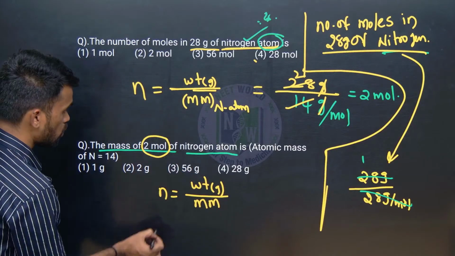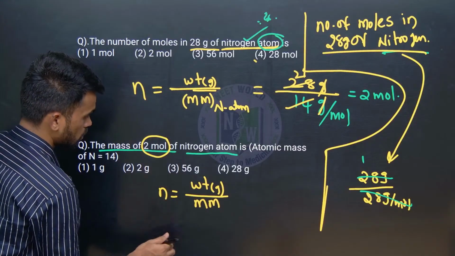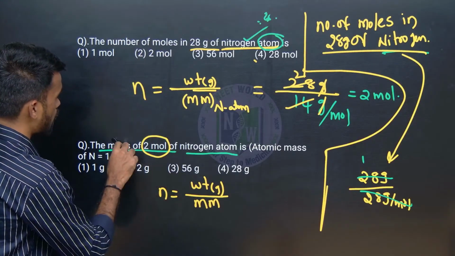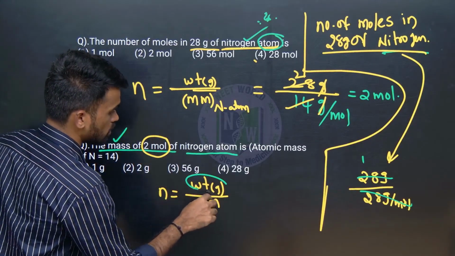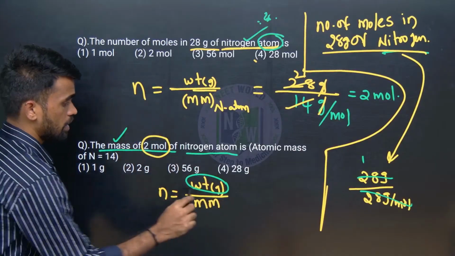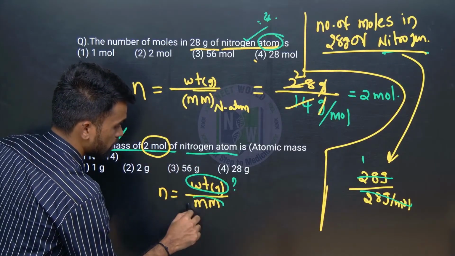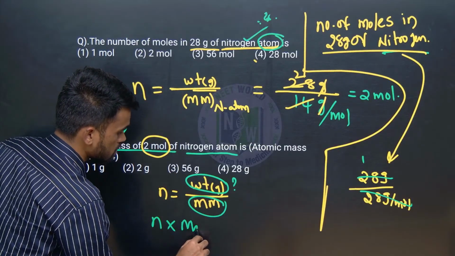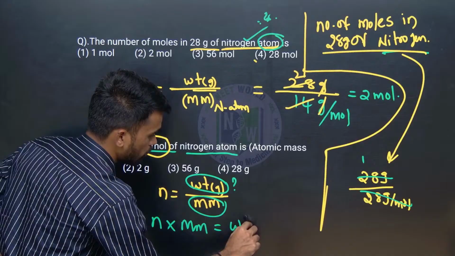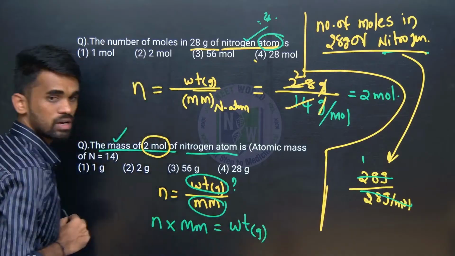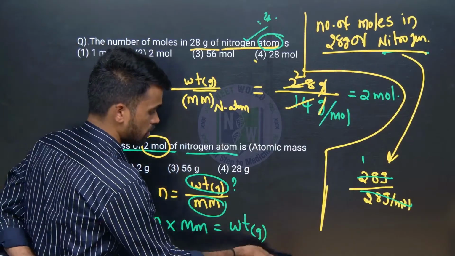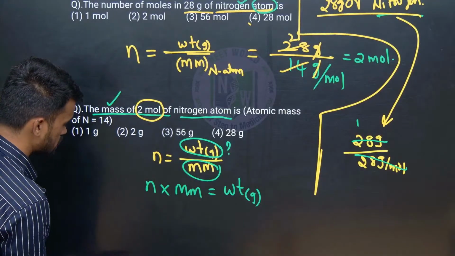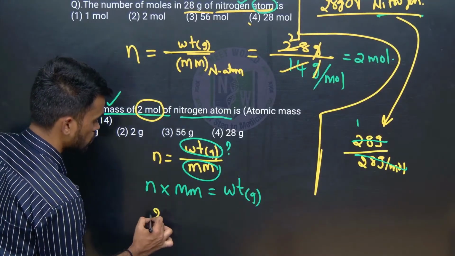Now how many moles are given? 2. What are they asking us? They are asking for mass. In order to find this, if we send this to the other side, what happens? n into molar mass equals weight. This is what we will get. That is what we required. Now tell me, how many moles are given? n value 2.